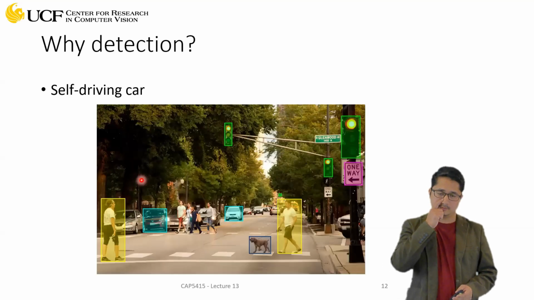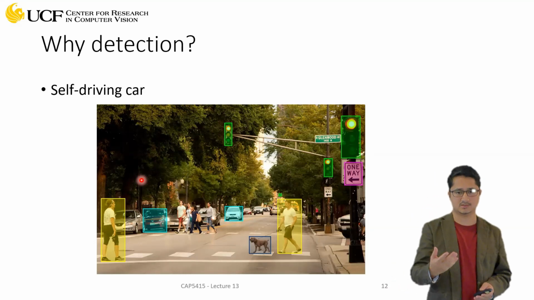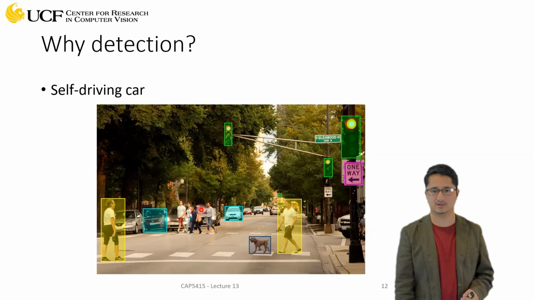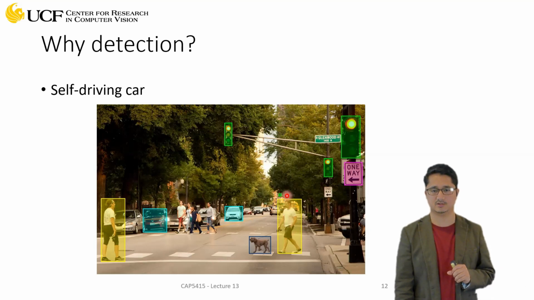And we have given the motivation for why we need object detection, but this is a very simple example. Let's say you have a self-driving car. In that case, object classification is not going to solve your problem. You need something much stronger than that.